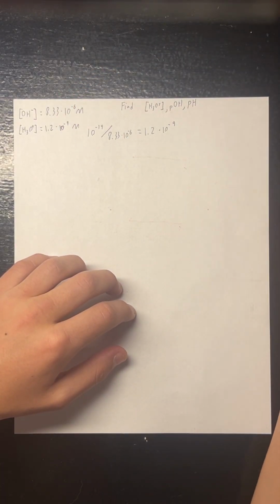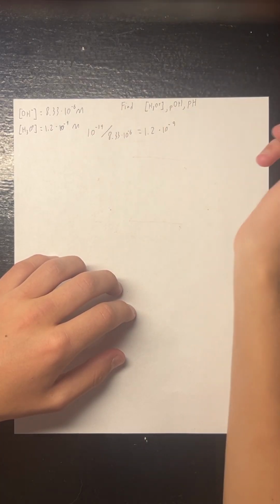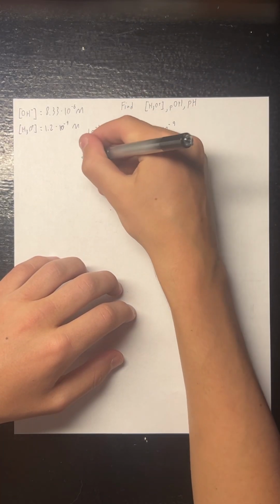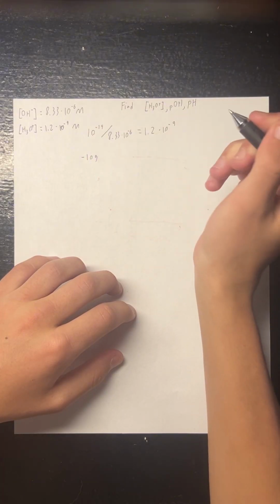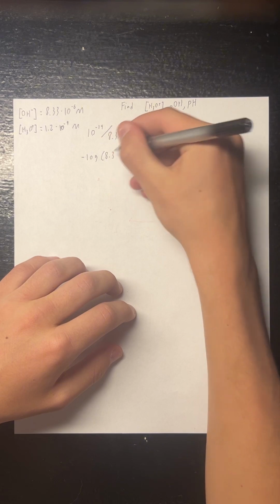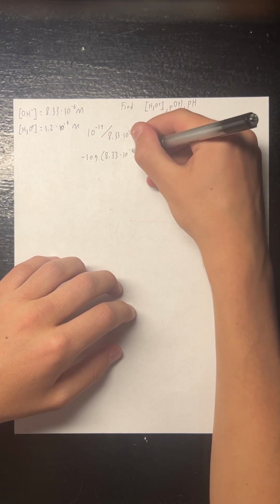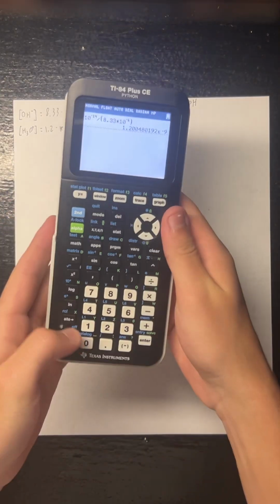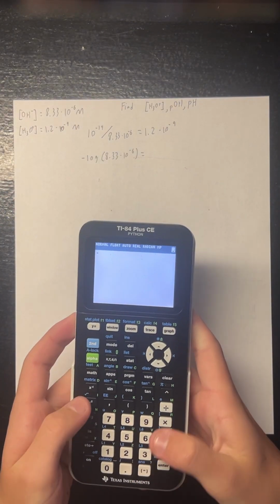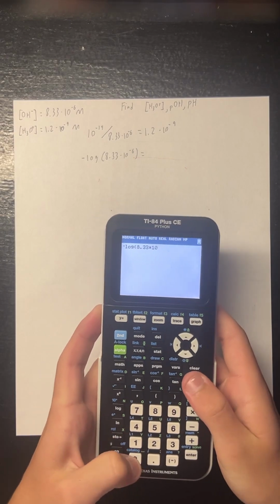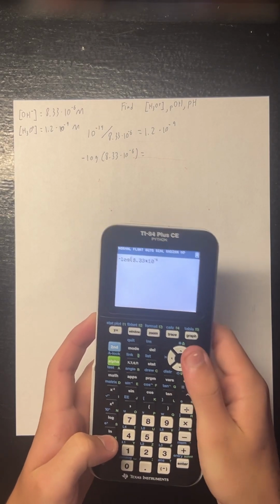Now, what we can do is find our pOH. So our pOH is the negative log of the OH minus concentration of 8.33 times 10 to the negative 6. And once again, you just plug that into the calculator, negative log of 8.33 times 10 to the negative 6.